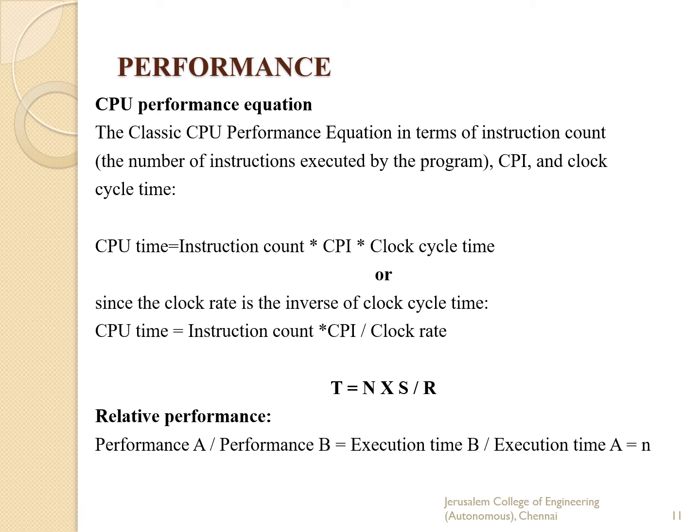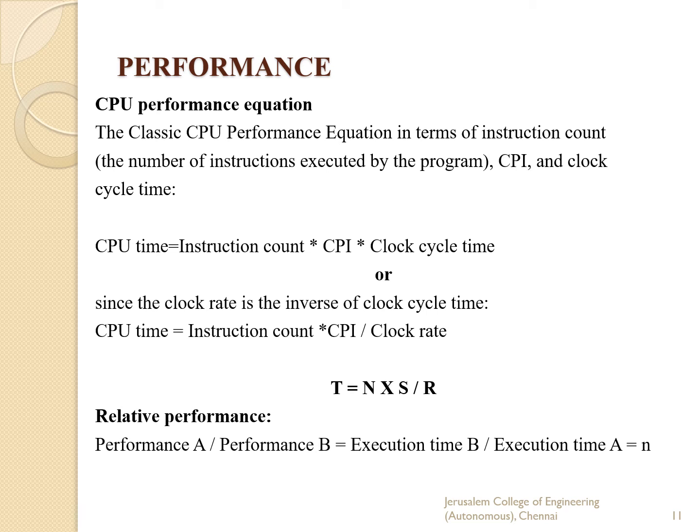So the classic CPU performance equation, in terms of your instruction count, the CPI and the clock cycle time, is given as instruction count into CPI, which is clock cycles per instruction, into clock cycle time. Or it can also be given as instruction count into CPI by clock rate, because clock rate is the frequency, and time is the inverse of frequency.